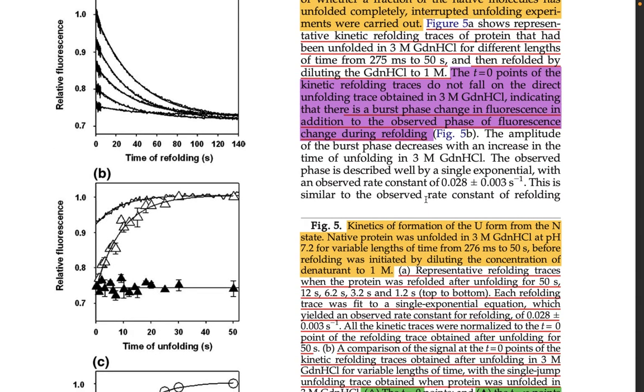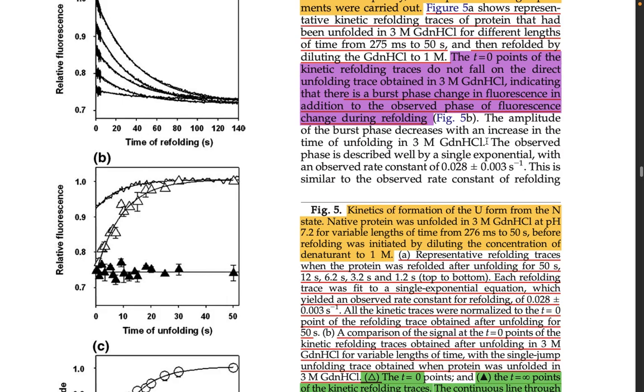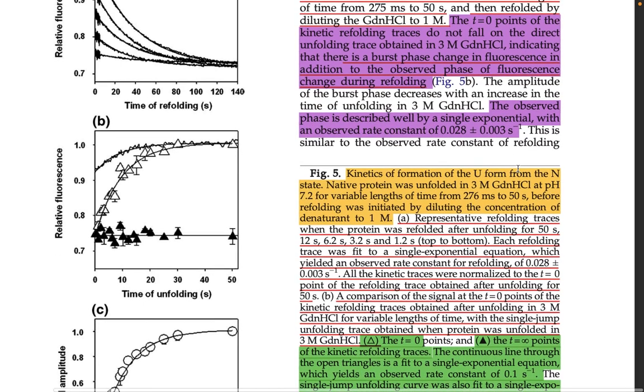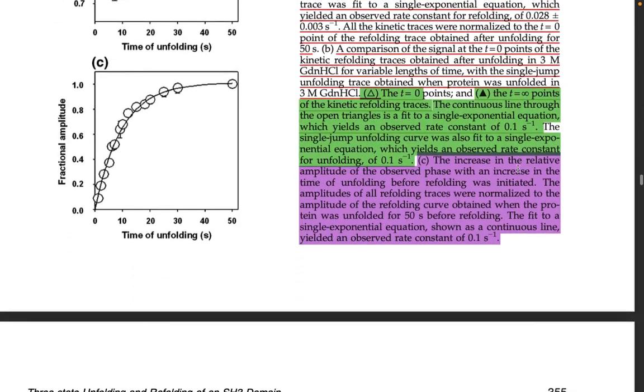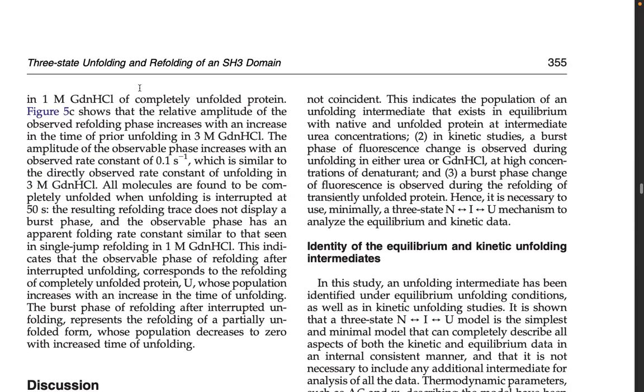The amplitude of the burst phase decreases with an increase in the time of unfolding in 3 molar guanidinium hydrochloride. The observed phase is described well by a single exponential equation. This is similar to the observed rate constant of refolding in 1 molar guanidinium hydrochloride of a completely unfolded protein.